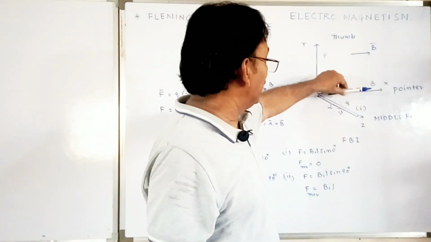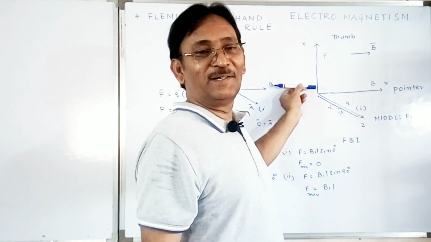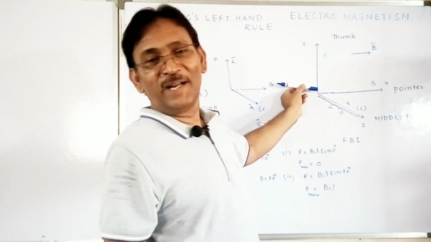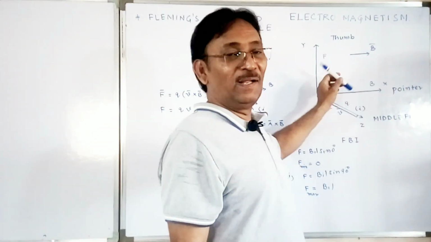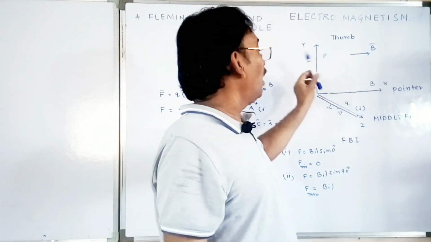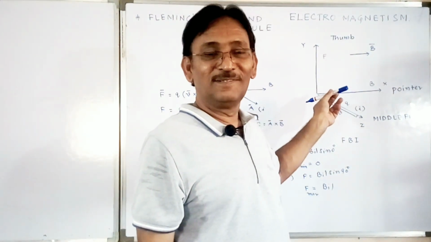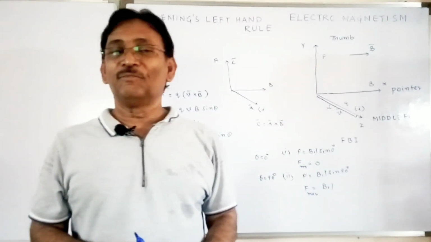Just imagine that this conductor, instead of being kept like this, is flipped here. Then it makes an angle of 180 degrees. As you know, sine 180 is equal to 0. If the conductor is moving along the direction of the magnetic field or opposite to it, it experiences 0 force. I hope you understood the concept very well.